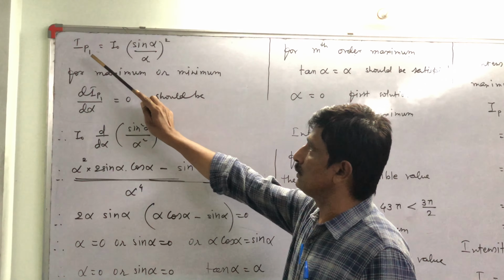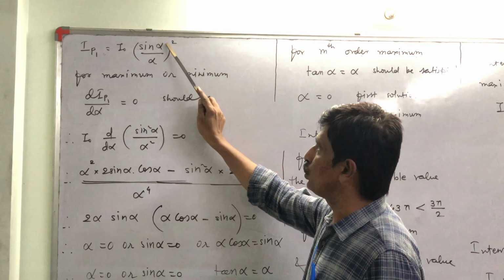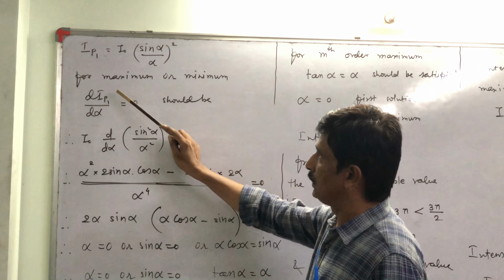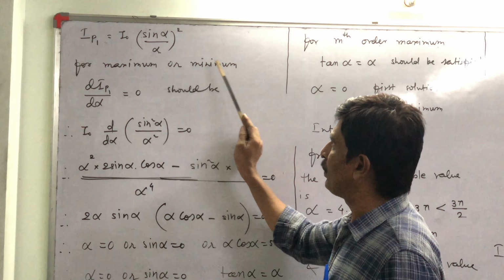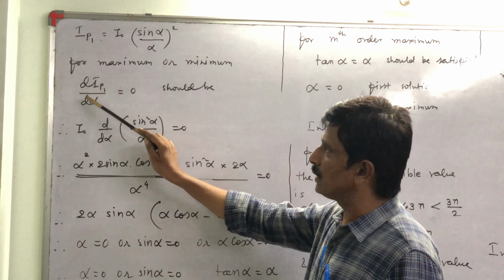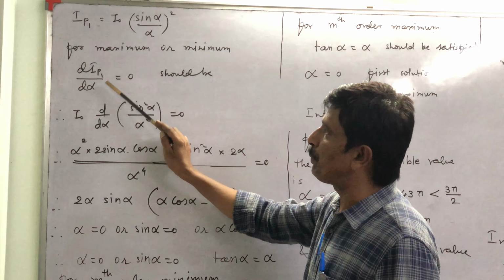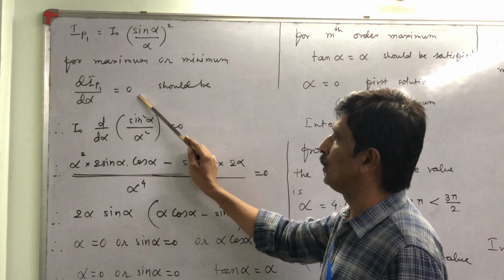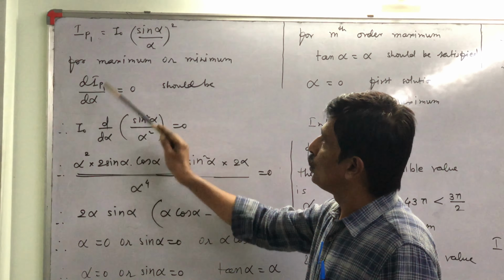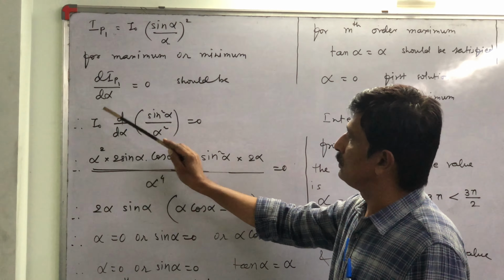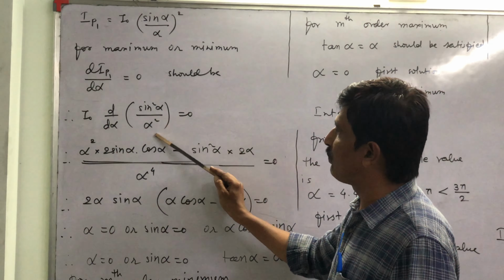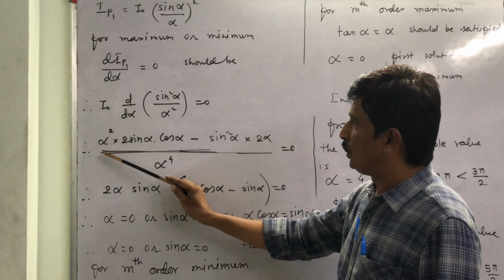Now I at P1 is I₀ into (sin α by α)². We know that for maximum or minimum, the condition is dI/dα should be 0. So I₀ as a constant multiple, d/dα of sin²α by α² is 0.